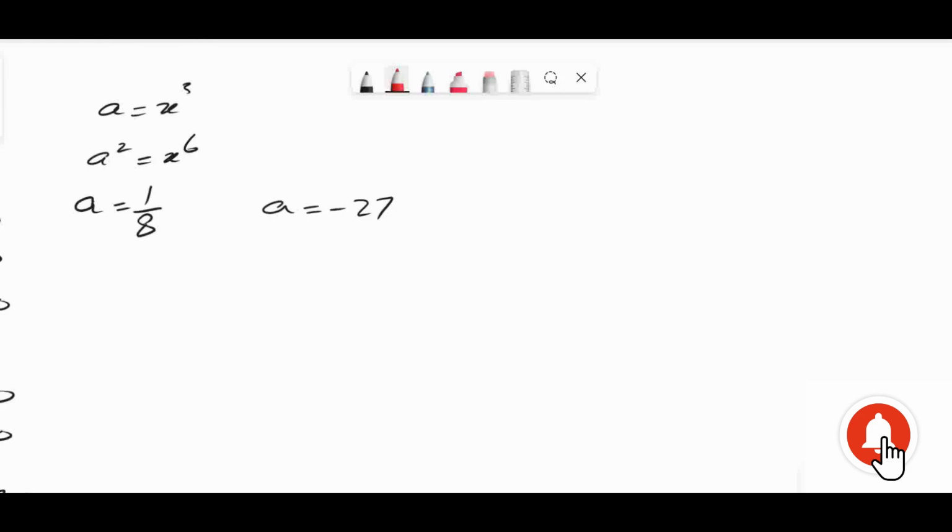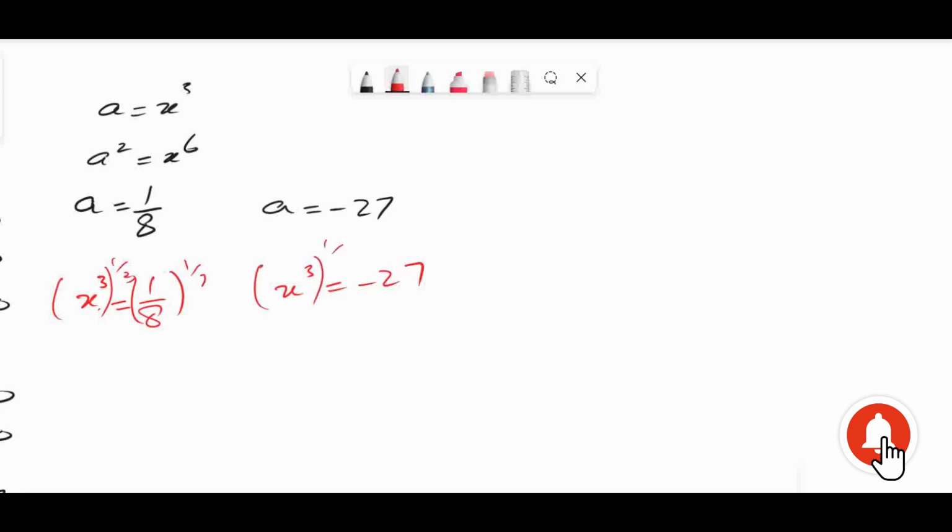Now from here we can see that a equals x cube and a square equals x^6. Now just replace this with x because we want to find the value of x. So x cube will be equal to 1 by 8 and x cube will be equal to minus 27. Now simply take the cube root on both sides, or write the power 1 by 3 on both sides.